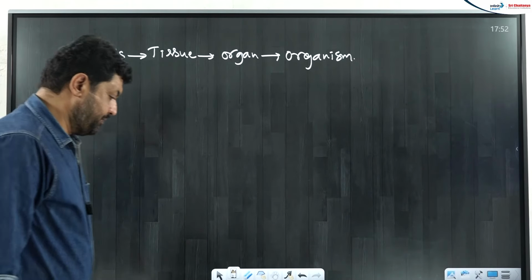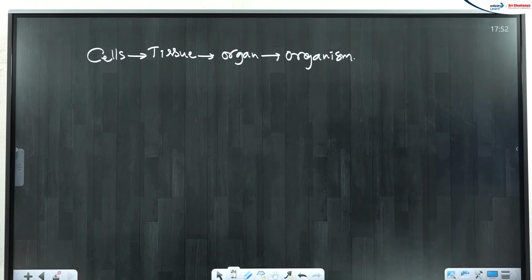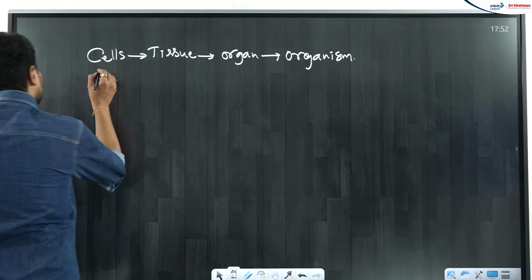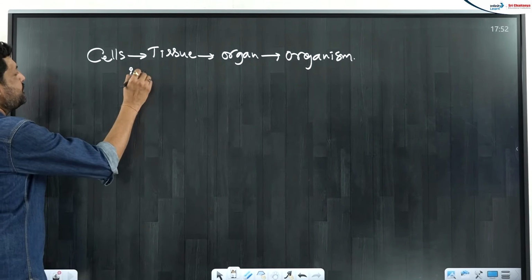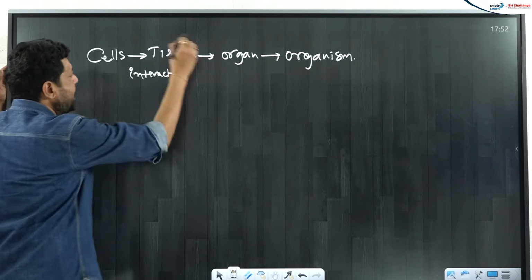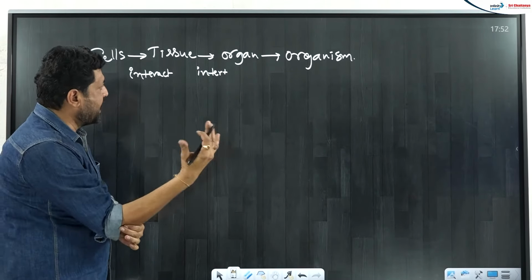Okay, this is organization, complexity of the body organization. And cells interact to perform the function of the tissues. All tissues interact to perform the function of a particular organ.